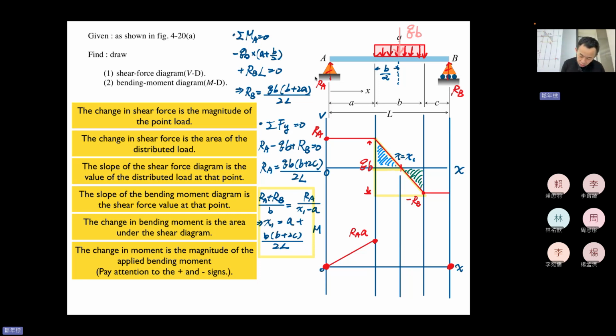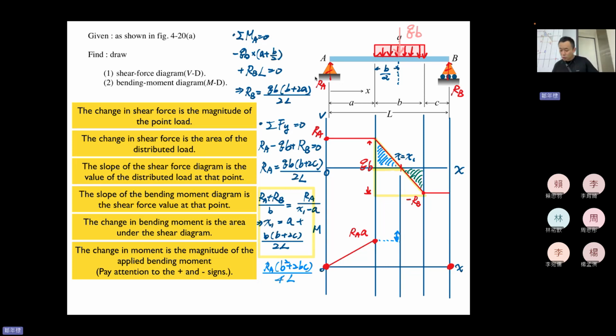The area will be RA times B squared to BC divided by 4L, right?